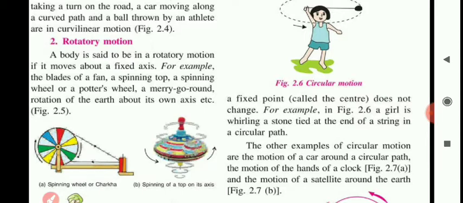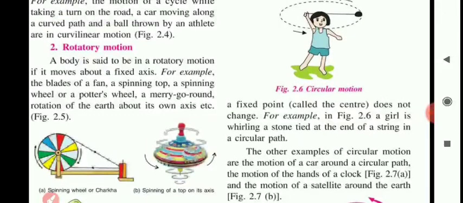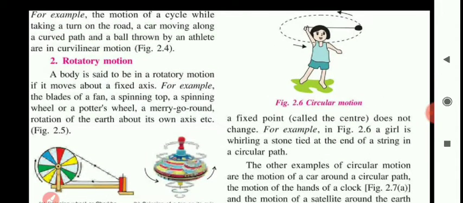For example, in figure 2.6, a girl is whirling a stone tied at the end of a string in a circular path. So, in circular motion, the center is fixed, the center does not change, and the distance is equal.